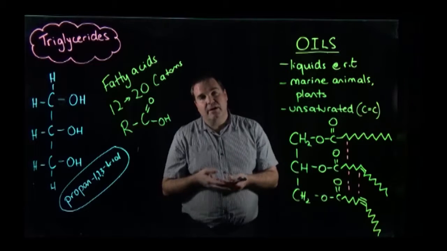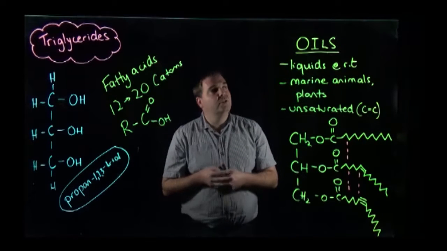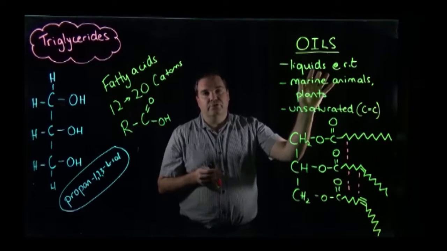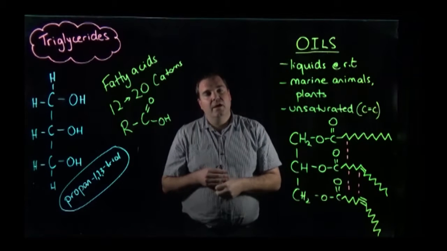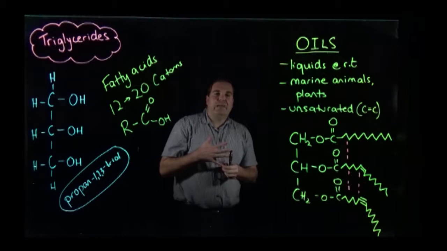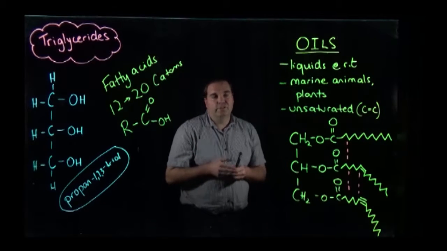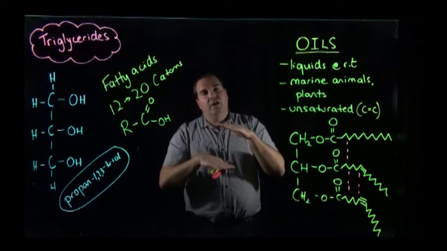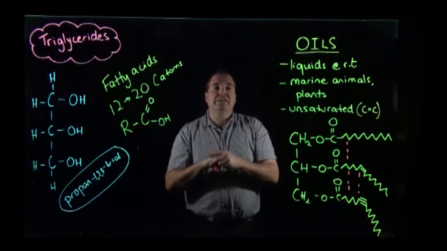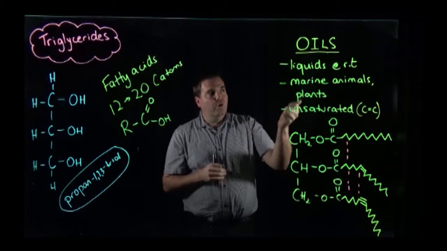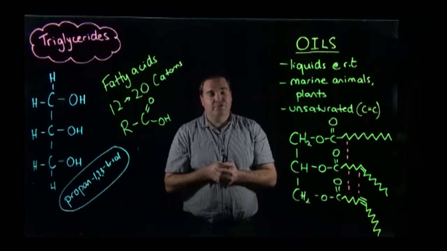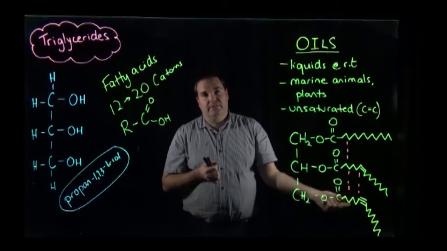Because there's less energy to break, we have a lower melting point, which is why they're a liquid at room temperature. Alright, so the difference between a fat and an oil is that a fat is saturated, contains a maximum amount of hydrogen, no double or triple bonds. The chains stack really nicely, lots of secondary dispersion bonds, which means a higher melting point. Oils, on the other hand, are liquids at room temperature because the chains do not stack nicely.